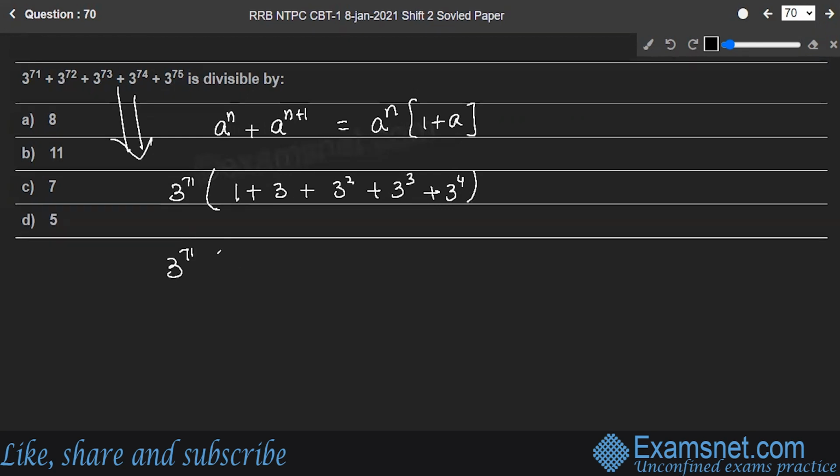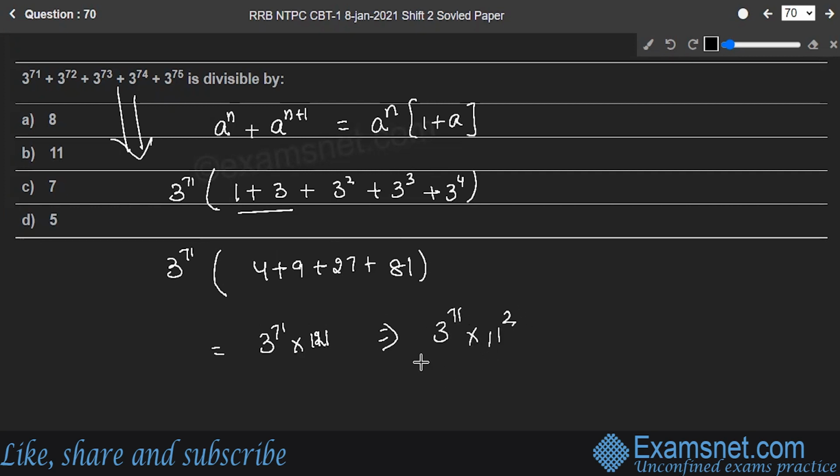3 raised to power 71. It is 4 plus 9 plus 27 plus 81, which will give you 3 raised to power 71 multiplied by 121, which is 3 raised to power 71 multiplied by 11 square. So the factors of this whole thing came out to be this.